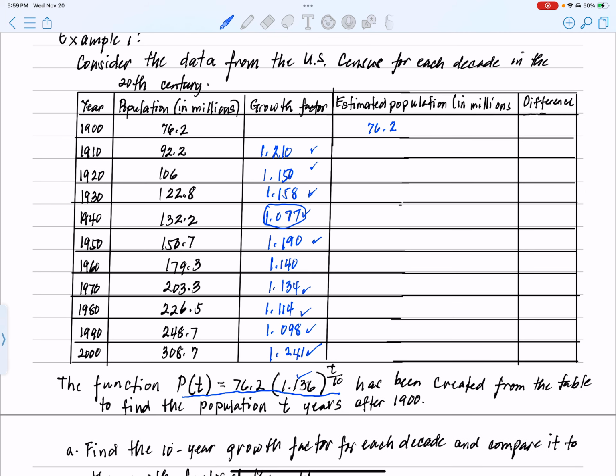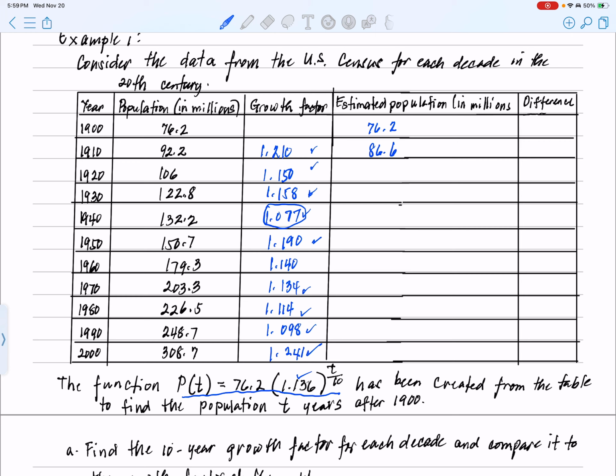So this will be 86.6. Now, do the same thing. You're going to do 86.6 times 1.136.